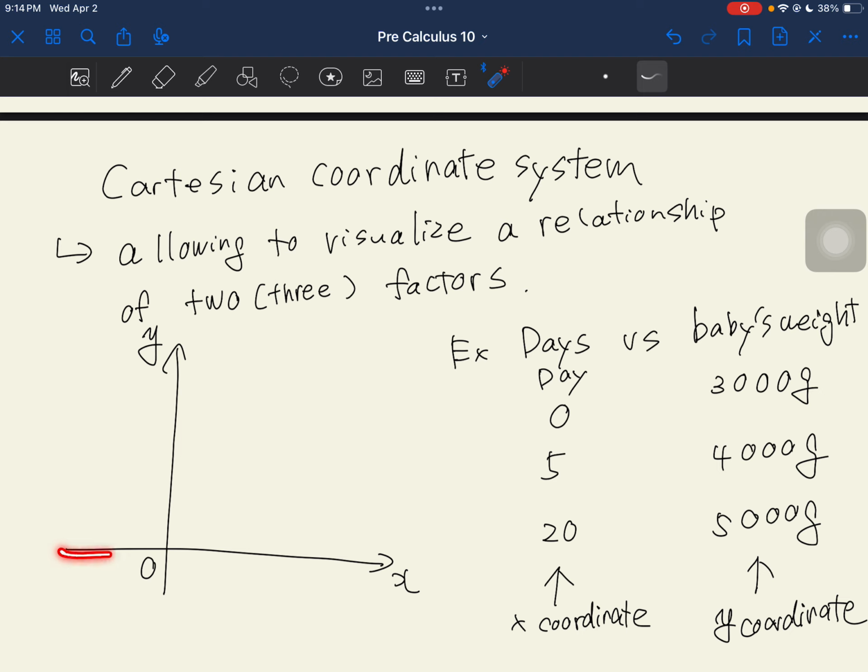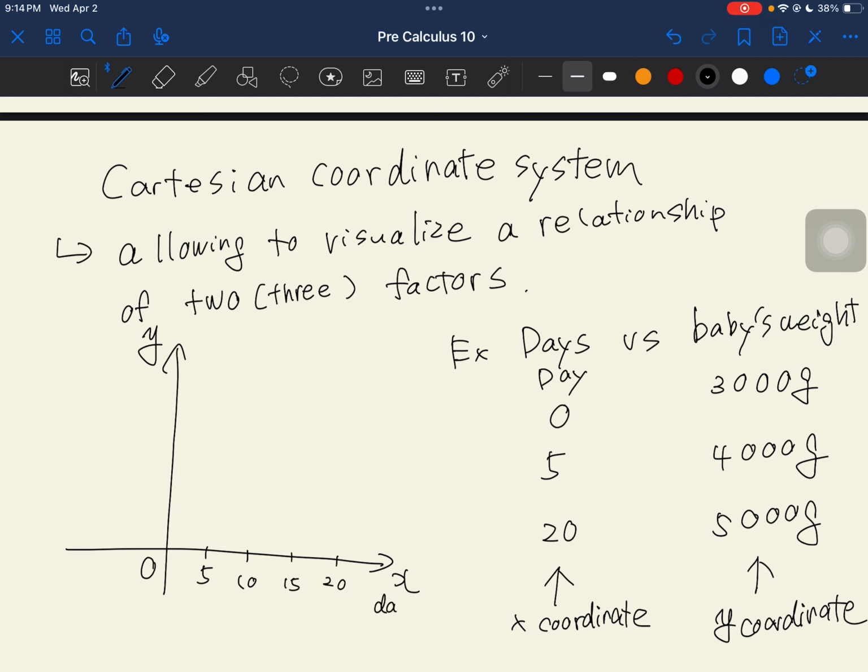Again, you have the x-axis and y-axis. The x-axis is the horizontal line here. And this is 0. Let me put this information: this is 5 days, 10 days, 15 days, 20 days.